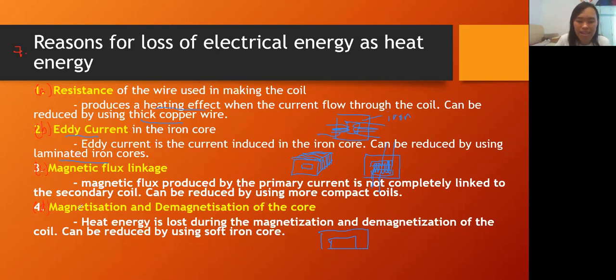The last one is magnetization and demagnetization. This one I think most of you already know how to reduce the effect. As you know, this part produces the force using a solenoid type, which means you will have an iron core with a coil around it. Then heat energy is lost during the magnetization and demagnetization.